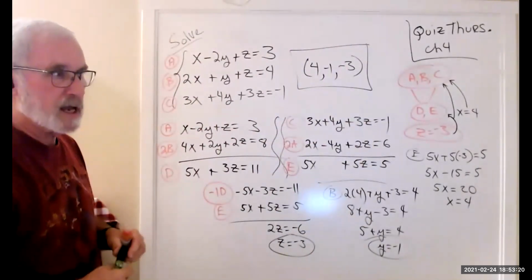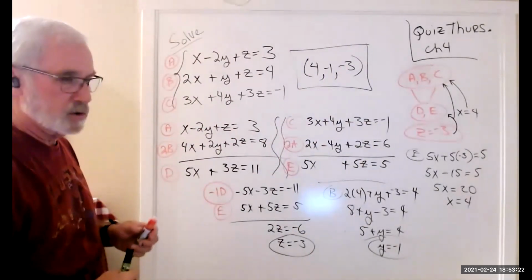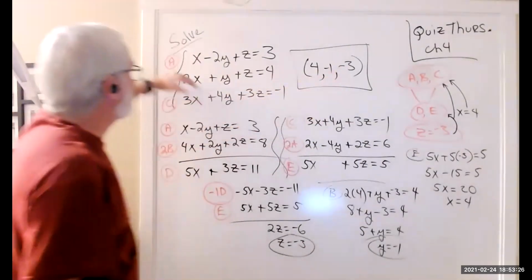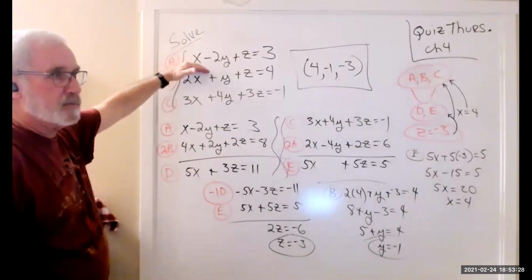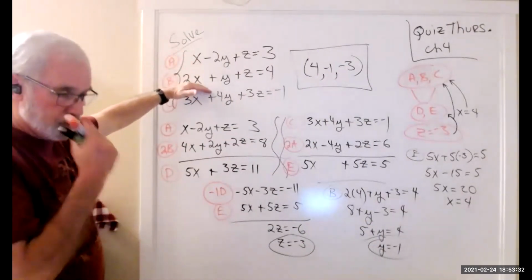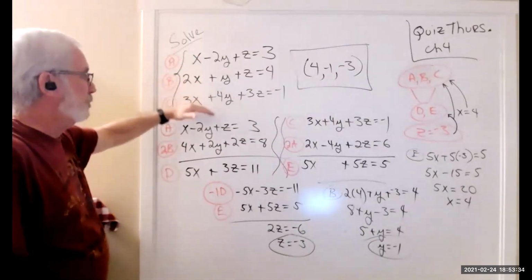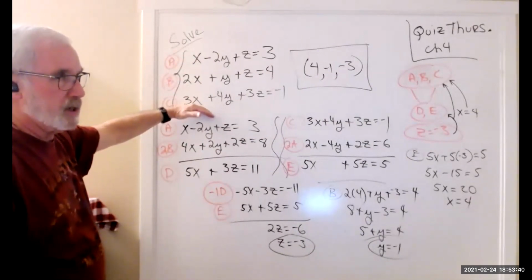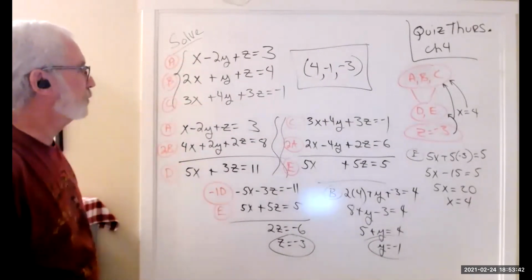And if you really had no social life and nothing good to do, you take 4, -1, -3, you plug it into here, see if it works for this one, and then you plug it into here, see if it works for this one, and then you plug it into here and see if it works for this one. Okay, and nobody in their right mind will do that.